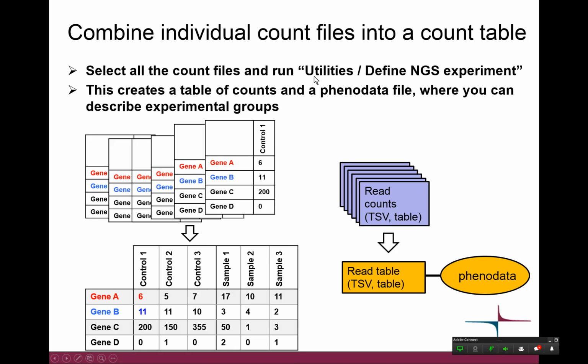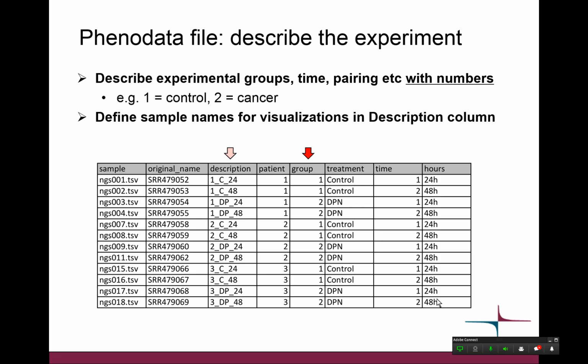For that, there is a tool in the Utilities category called Define NGS Experiment. This tool creates not only this table, but also another file called the Phenodata file, which is a very special file and has big importance in Chipster.